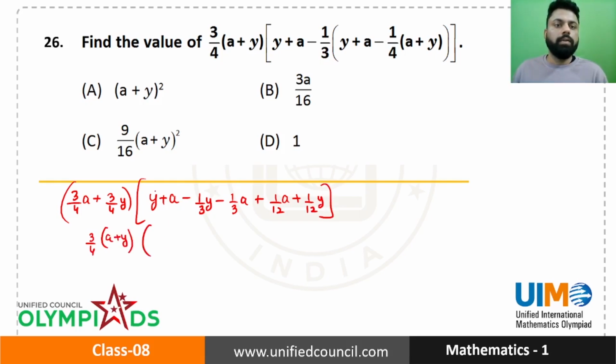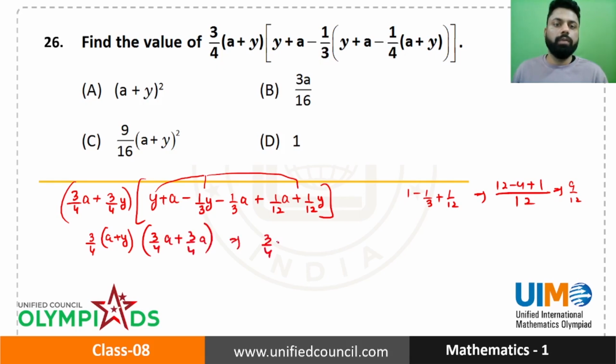This is y minus 1 upon 3 y minus 1 upon 12. 1 minus 1 upon 3 plus 1 upon 12. This is 12 minus 4 plus 1, 8 plus 1, 9 upon 12. That is 3 upon 4 y plus 3 upon 4 a. So this is 3 upon 4 multiplied by 3 upon 4, a plus y. That is 9 upon 16, a plus y whole square. The option is the correct answer.